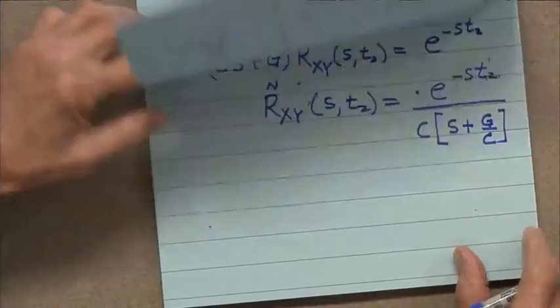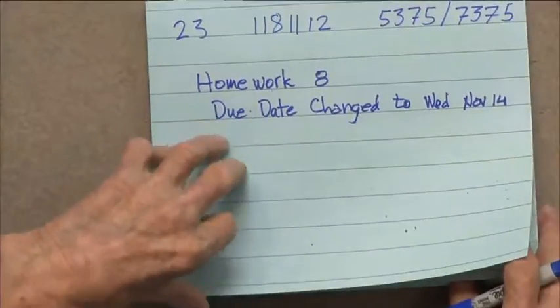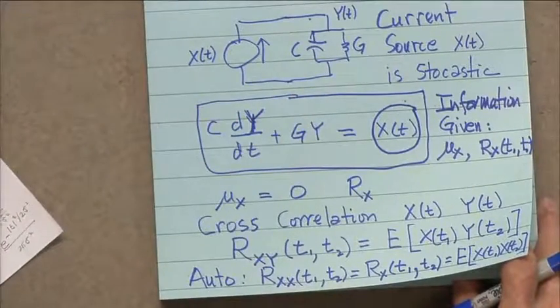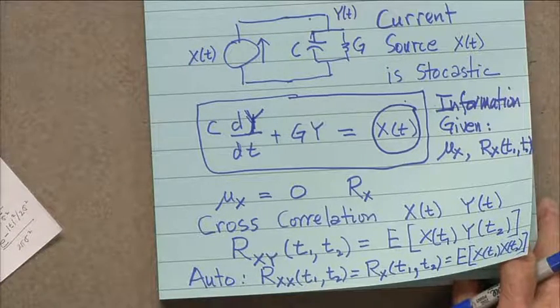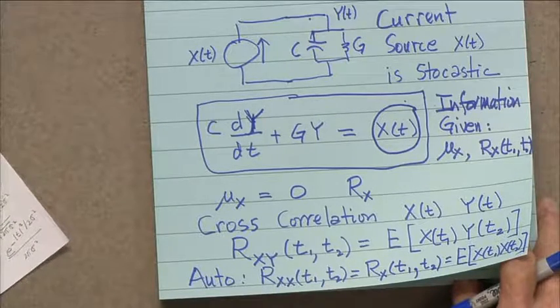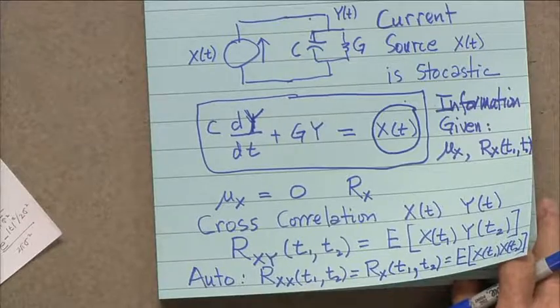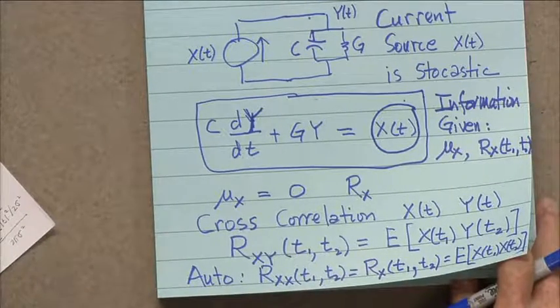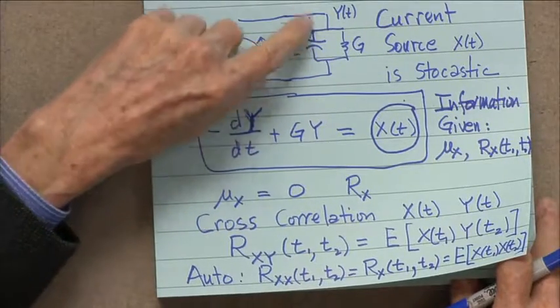By the way, what kind of filter is that? Is that low pass or high pass? I think it's low pass, don't you? Right, because at high frequency, C is 0 and no voltage.